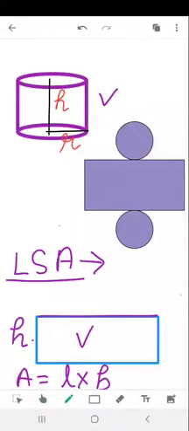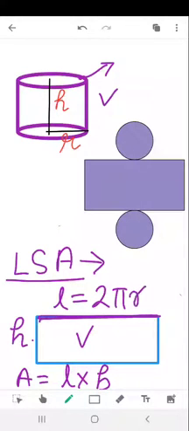That is the circumference. So if I find the circumference of this circle, I can find the length of this rectangle. So length of this rectangle will be equal to the circumference of the circle, that is 2 pi r. Now I have the length and I have the breadth also.